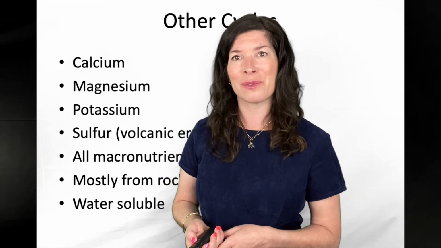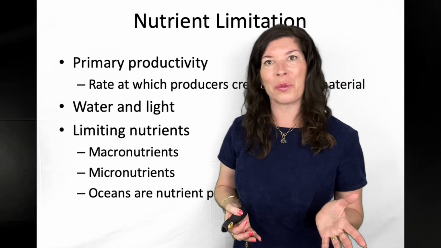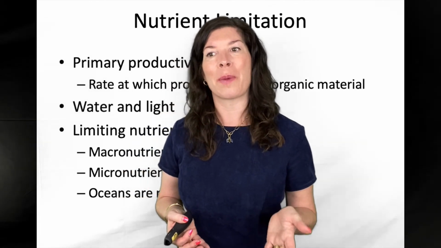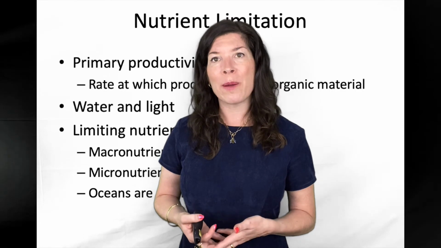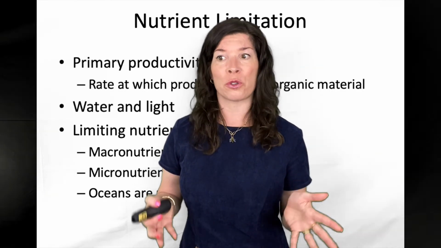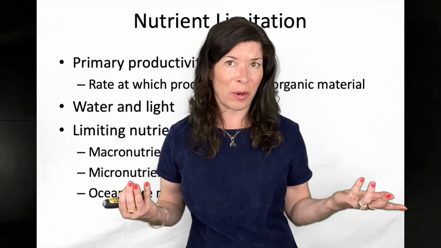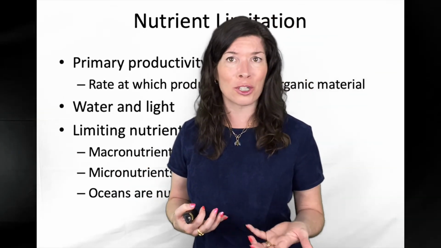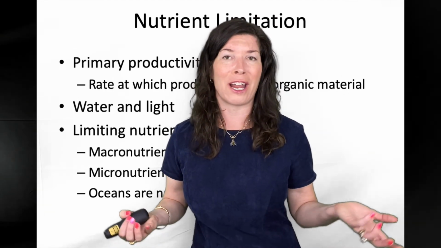And lastly, we can't talk about these elements and these nutrients without thinking about what happens if they are limited. So primary productivity, the rate at which producers create organic material, we would call that sugar in biology or carbohydrate, is determined in large part by the availability of key nutrients like nitrogen and phosphorus.